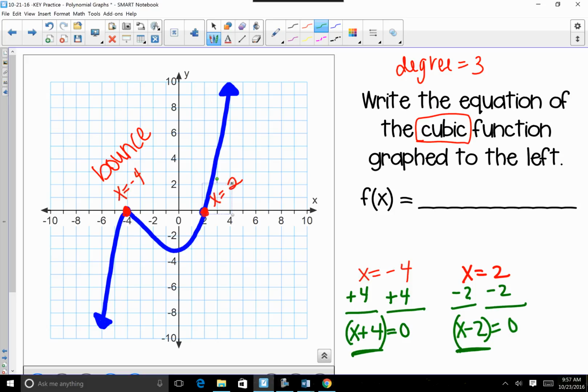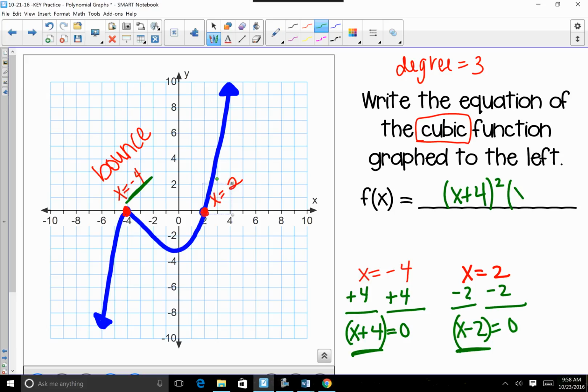All right, so I need to think for a second. I said this x plus 4 over here has to bounce. So if it bounces, it's got to have a multiplicity that's even. We said that if the total degree is 3, that means that the exponents need to add to give me 3. So I can assume this x plus 4 needs to have a degree of 2 because we bounced there.